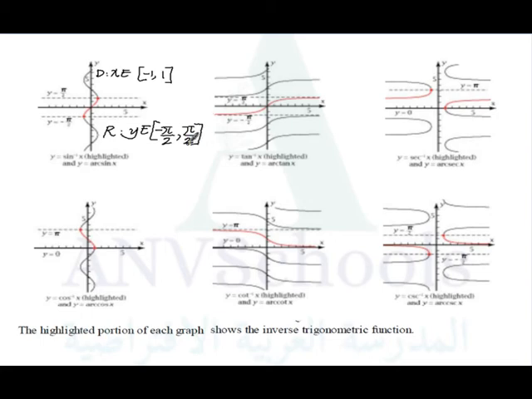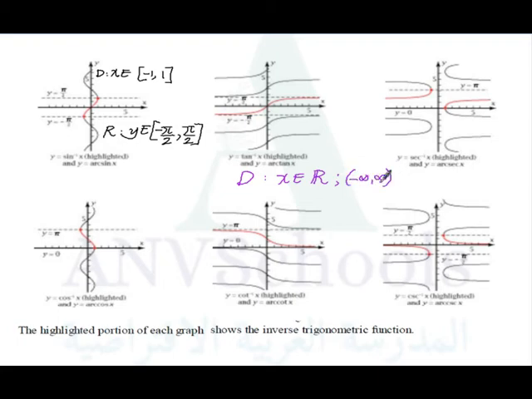Okay? Now let's take a look at the tangent function. So the inverse tangent function has a domain which is an element of real numbers. In other words, it's from -infinity to +infinity. Okay?